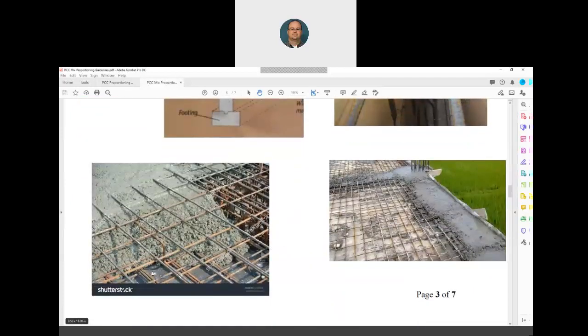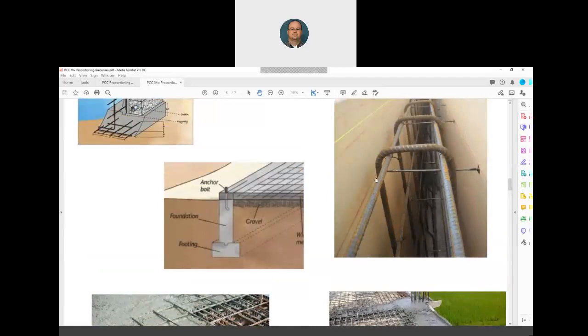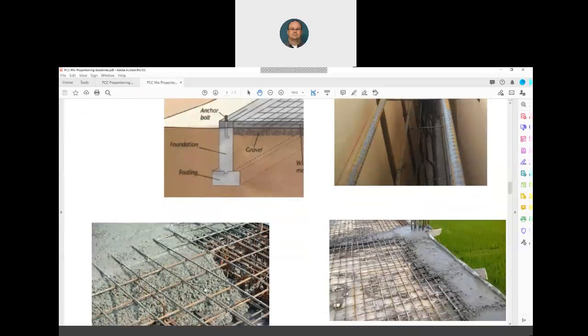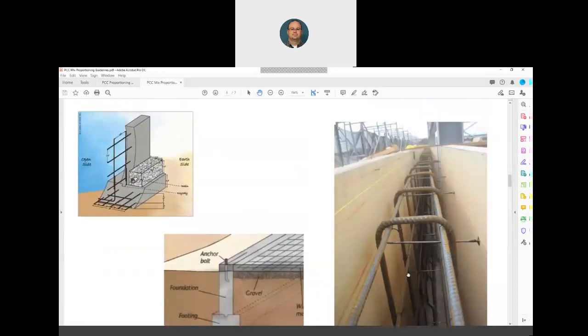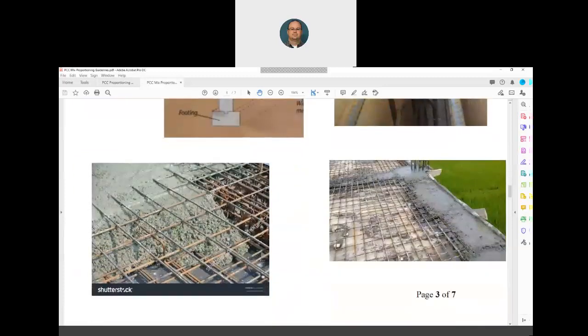So if I look at these pictures: 3/4 of the distance between the reinforcement, 1/3 of the thickness of the slab. We need clear space between the wall form and the reinforcement, clear space between the reinforcement, and to make sure our coarse aggregate isn't too thick based on the thickness of the slab. So, different examples.